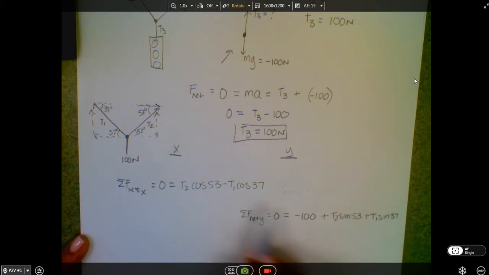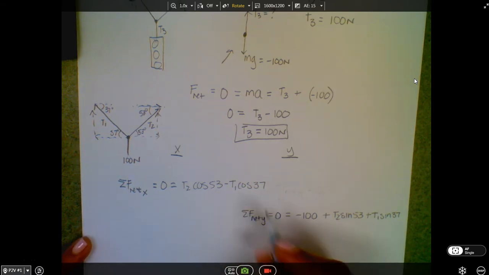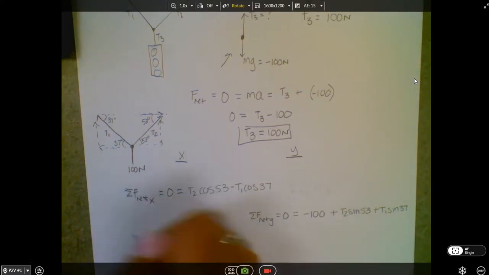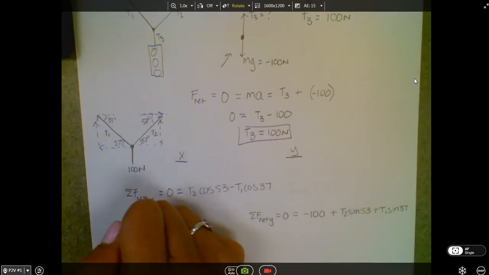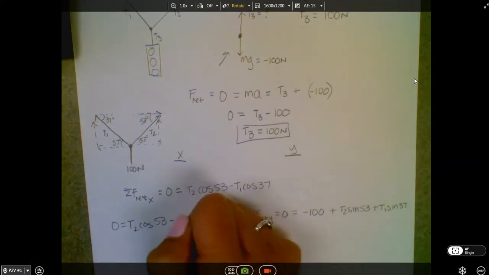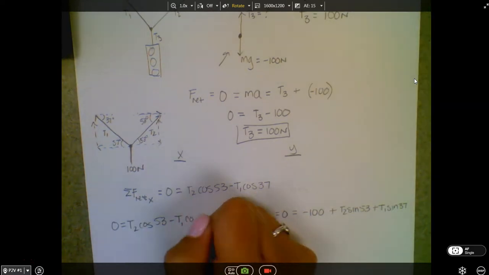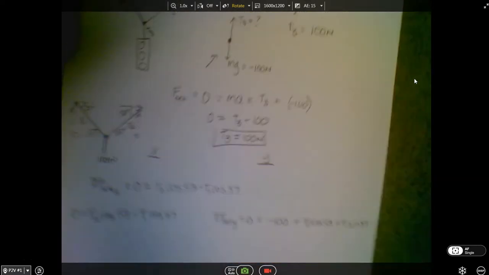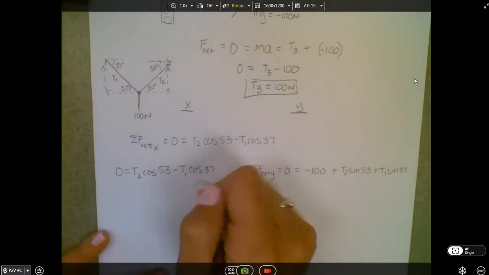So now I have two equations and two unknowns, so I would maybe just solve one equation for one of the unknowns. So let's see, maybe T2. So let's move this over. So I have 0 equals T2 cos 53 minus T1 cos 37. Let's move this down a little bit. And so I would add that to the other side.